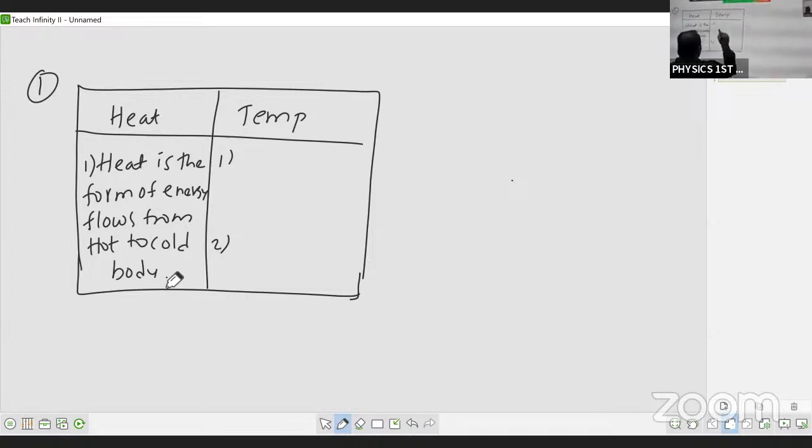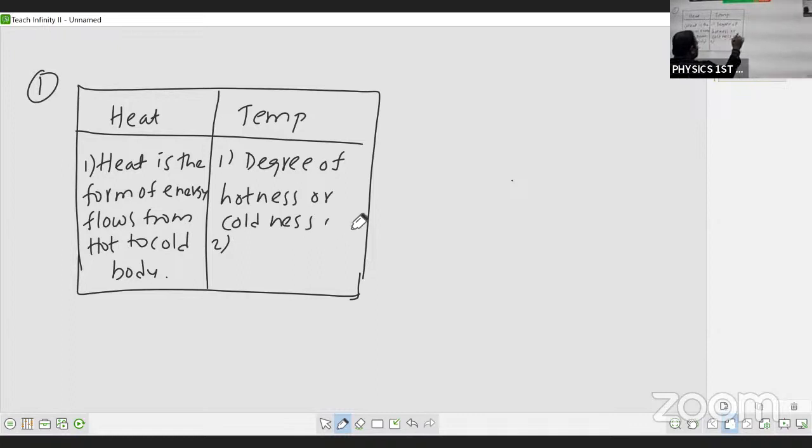Now, what about temperature? Degree of hotness or coldness of the body.